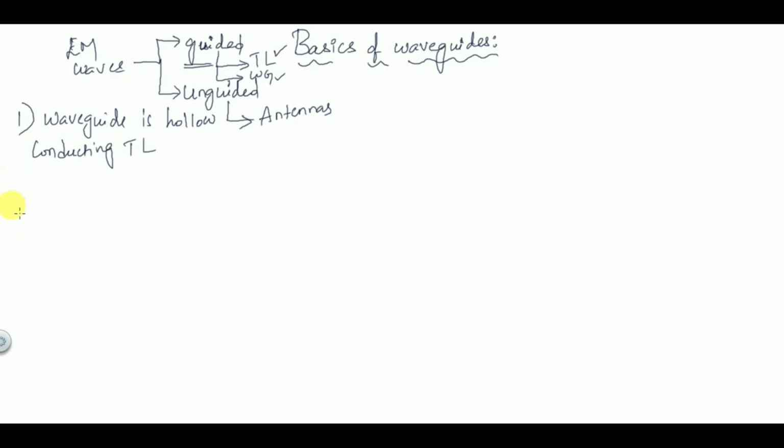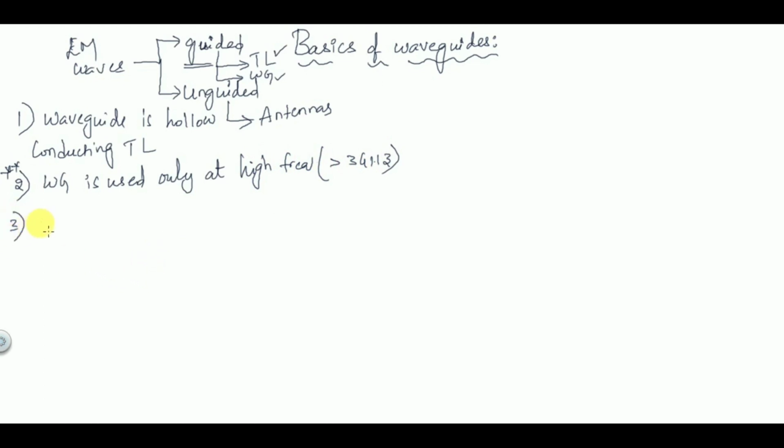The second, very important point is that a waveguide is used only at high frequencies, which is greater than 3 gigahertz.